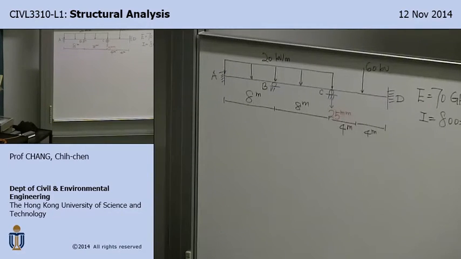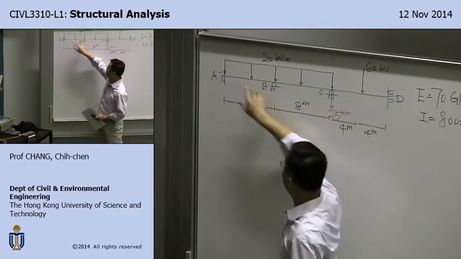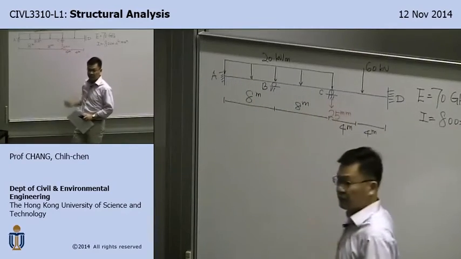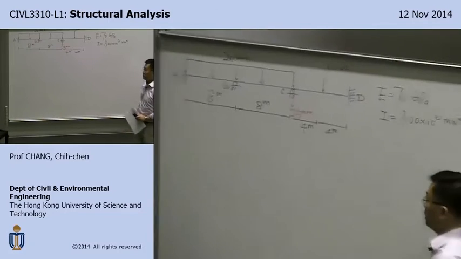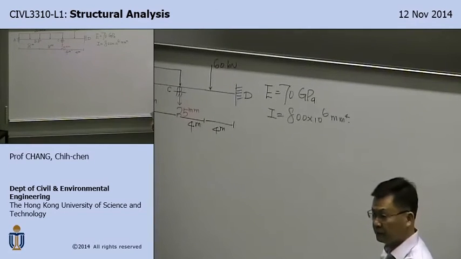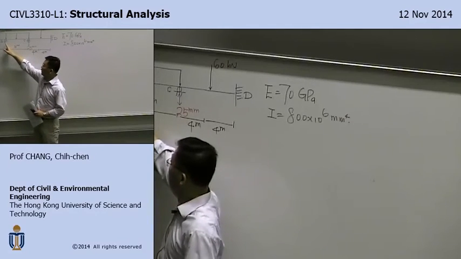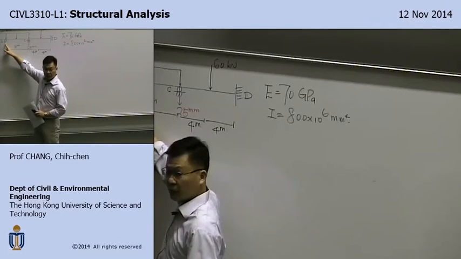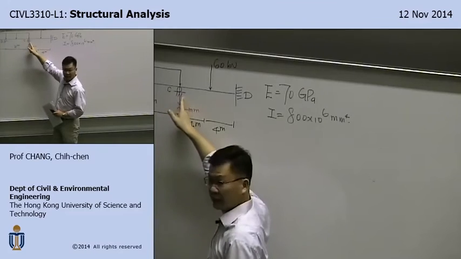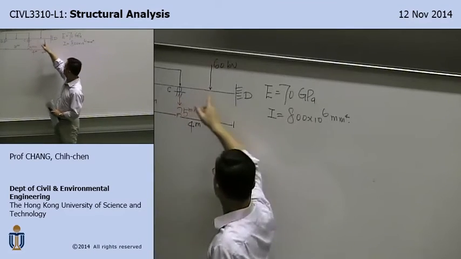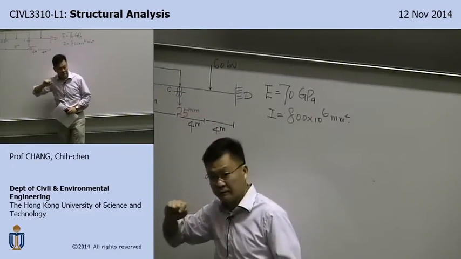So I decided to use 3 elements to analyze. So the degrees of freedom are rotation angle 1 and rotation angle 2. That's it, 2 rotation angles.